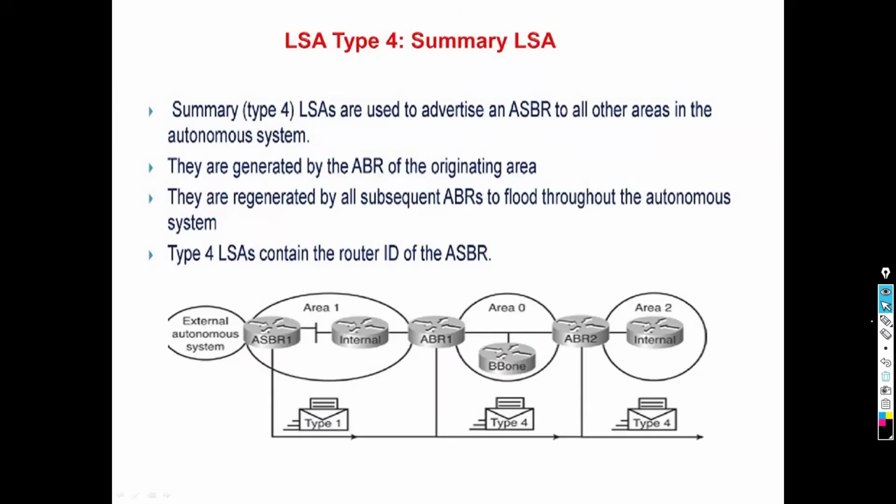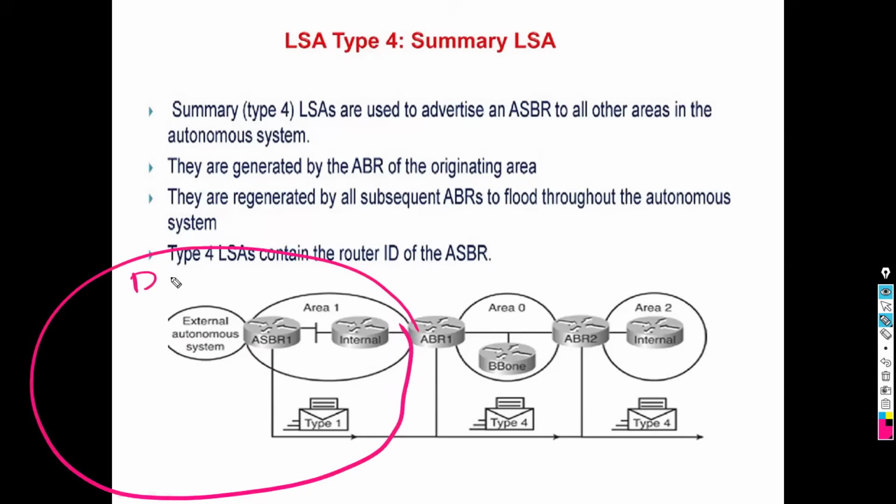So into this area, this is the ABR router. Into this area, we have some DR routers. We have multiple routers, and on this router, for example, this is R5. Let's connect all the routers.